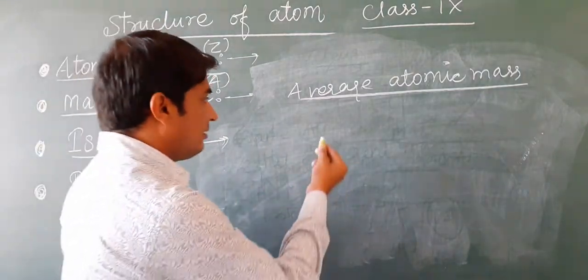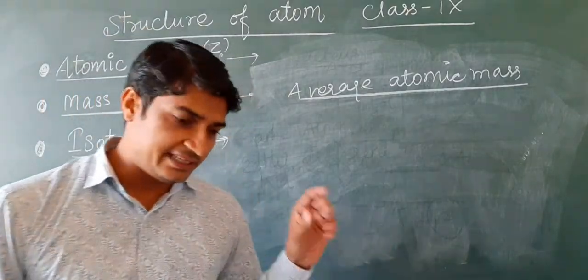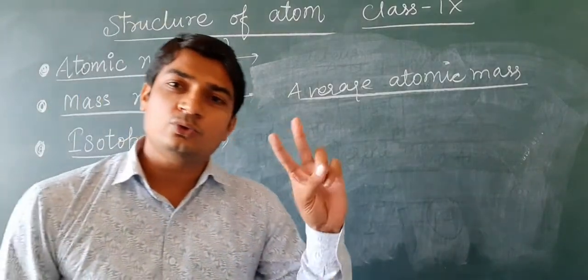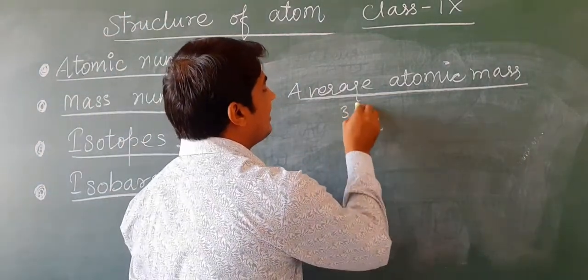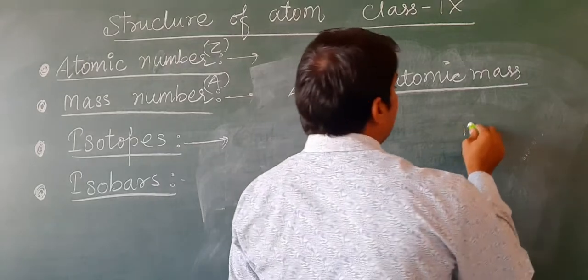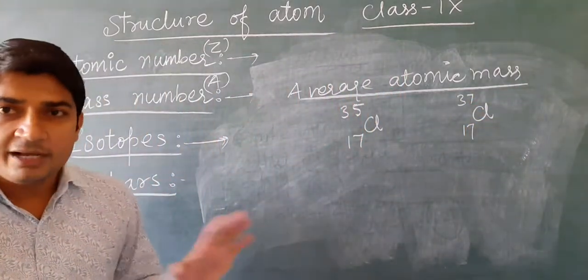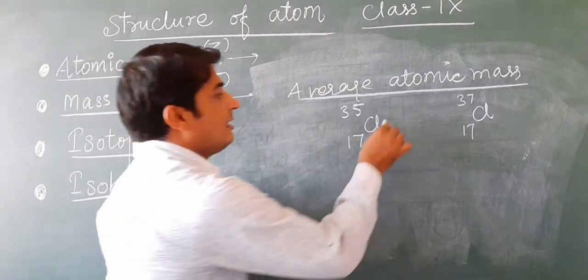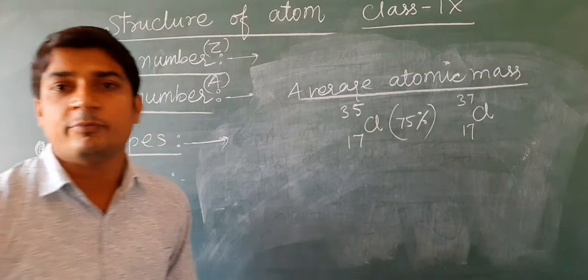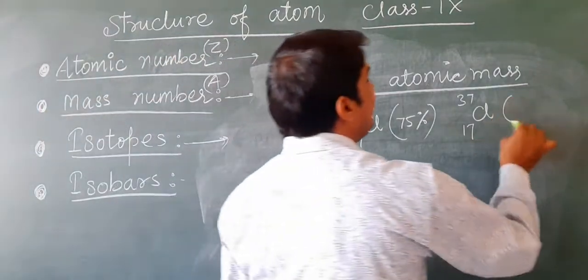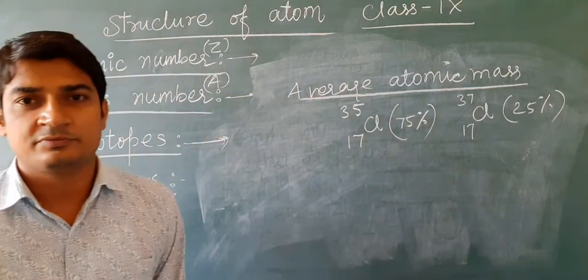Suppose chlorine gas. Chlorine exists in two isotopes, 17Cl35 and 17Cl37. By mass, if we find the percentage, it is 75% of the total mass or total volume, and 25% of total mass or volume.